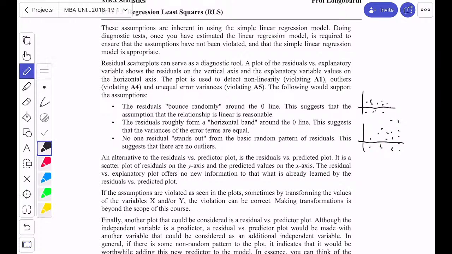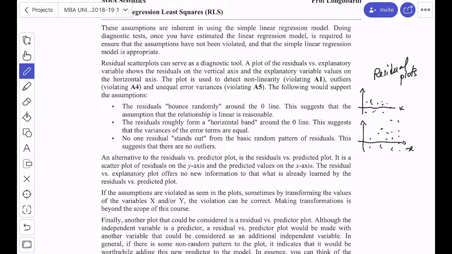So let me write this down. Residual plots. So if you calculate a residual for every single value of x, this is 0, this is 0. There shouldn't be any kind of pattern, and there shouldn't be a widening.